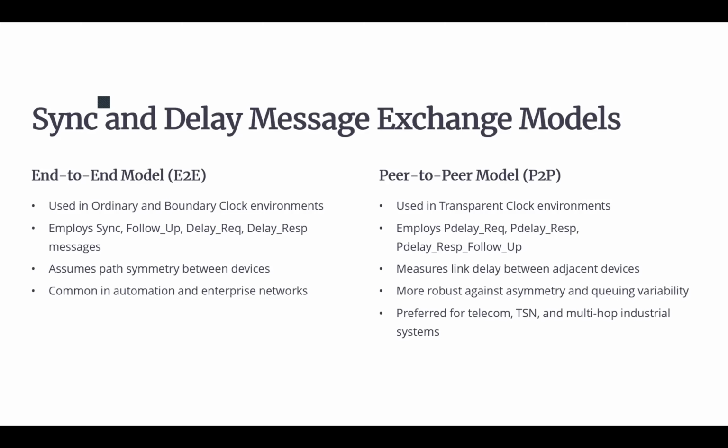It directly measures the delay between devices that are neighbors, directly connected to each other. Basically, instead of calculating the round trip delay for the whole path, now we can measure each link individually. So it's more accurate delay data for estimating the offset correction or the drift between our clocks.